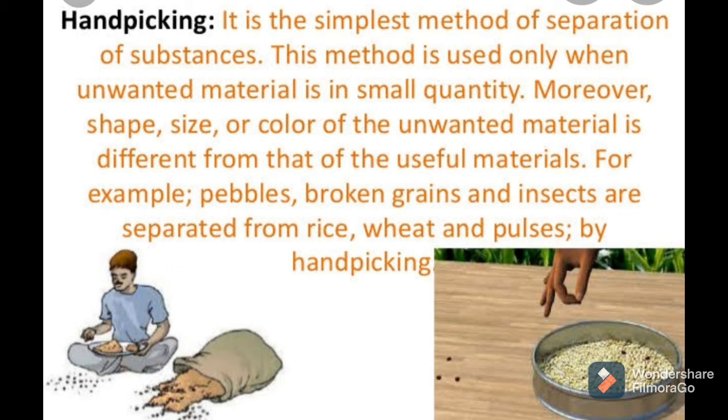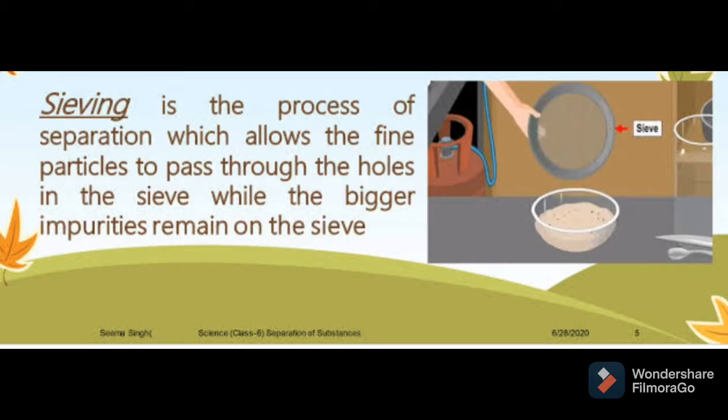An example is the separation of stones from rice, wheat and pulses. Then sieving. What is meant by sieving? Sieving is the process of separation which allows the fine particles to pass through the holes in the sieve while the bigger impurities remain on the sieve. Examples are wheat flour, or at a construction site, larger particles of sand are separated from fine sand using a sieve.